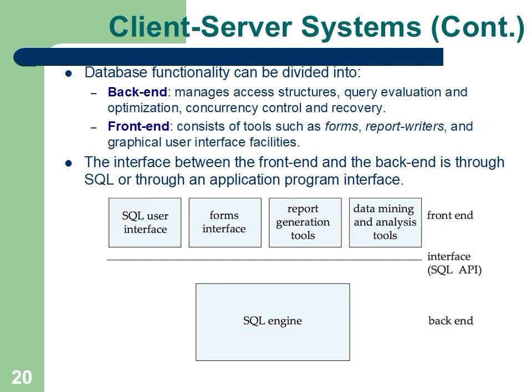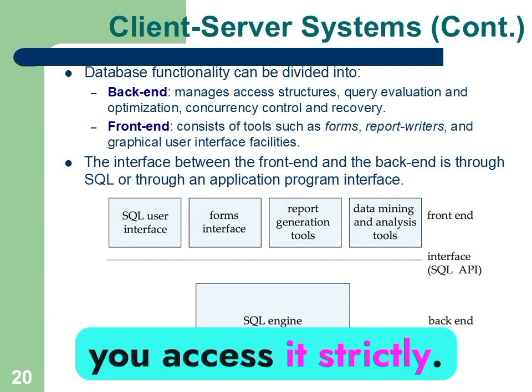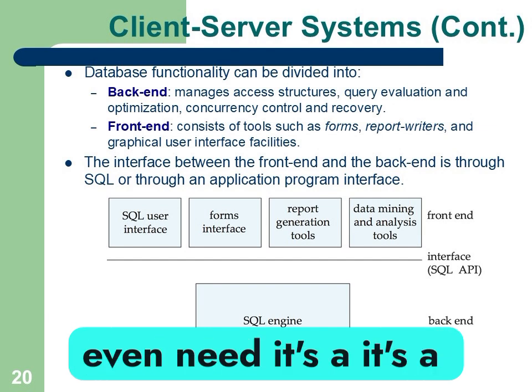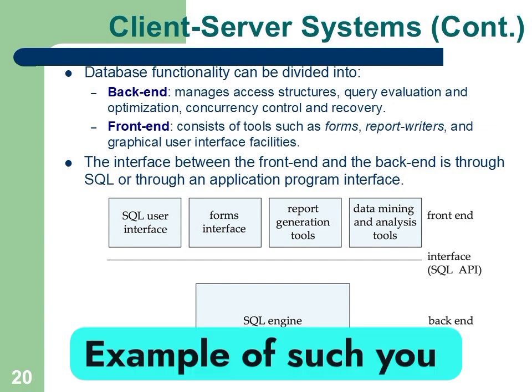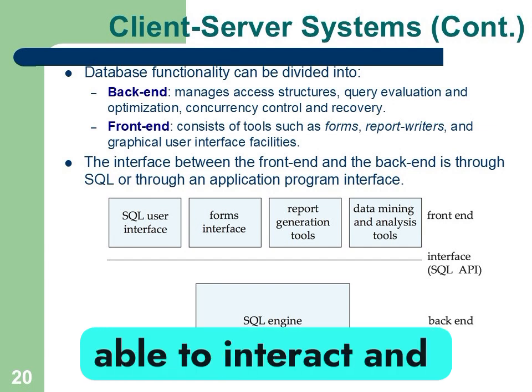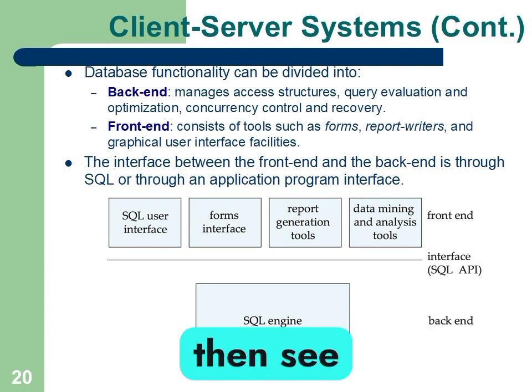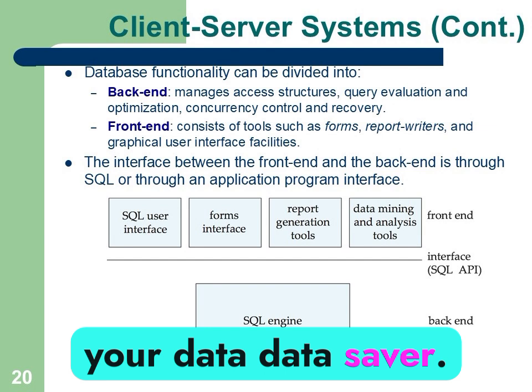You just interact with a tree-like structure when you are dealing with the database. It is very straightforward, almost English-like language. An example is MongoDB, where you can interact and see how you can transact with your data server.